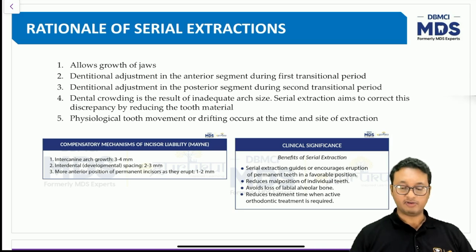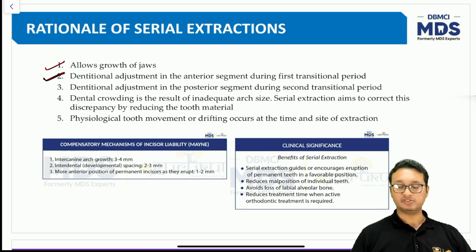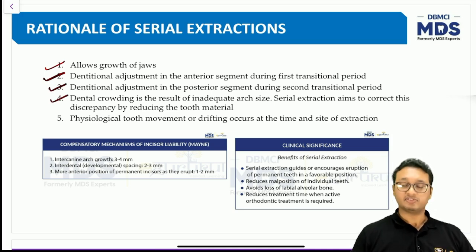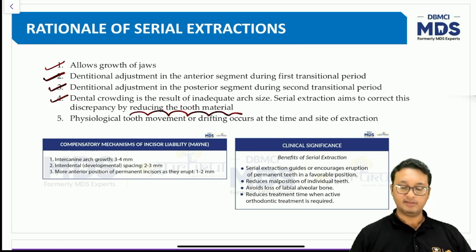Just a brief introduction about serial extraction. What's the rationale? It allows for growth of the jaws and dentitional adjustment in the anterior segment during the first and second transition period. Dental crowding is a result of inadequate arch size. Serial extraction aims to correct this discrepancy by reducing the tooth material, by extracting the teeth in a serial way.